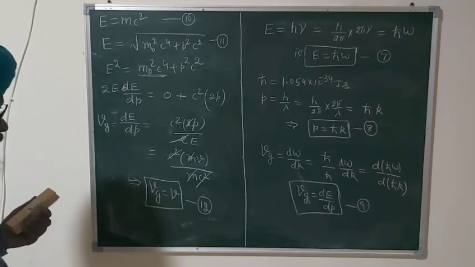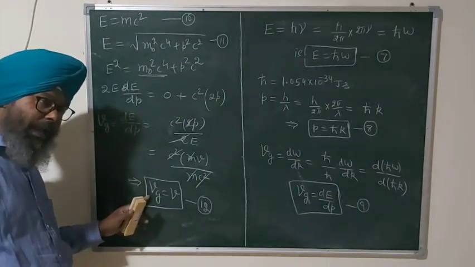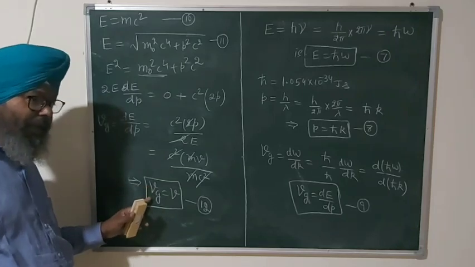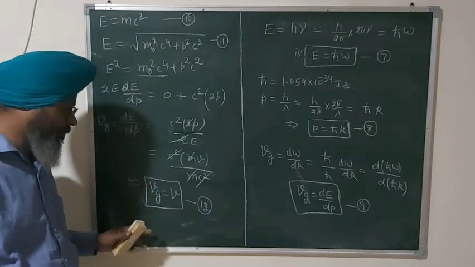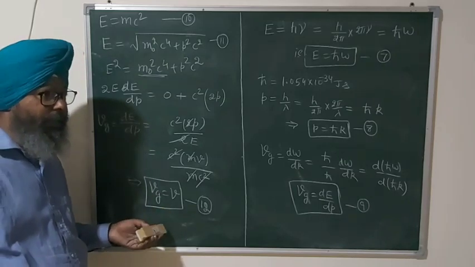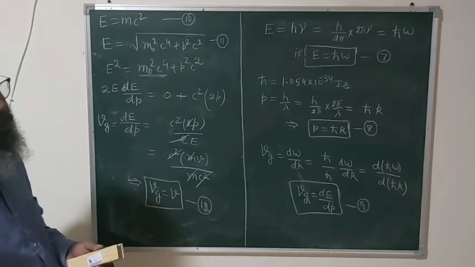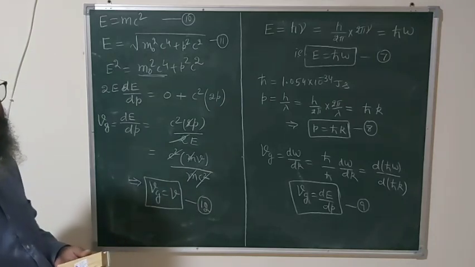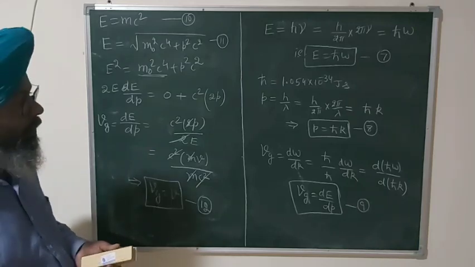Now, however, it remains to prove that Vg can be less than C. Although we discussed it conceptually in the previous lecture that it is possible if the waves forming the wave packet superimpose with each other in an out of phase manner. Out of phase does not mean actually 180 degrees.